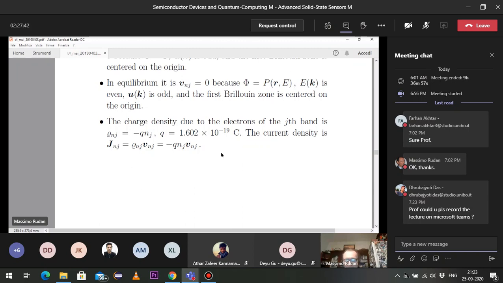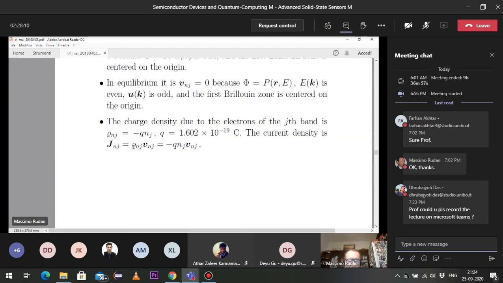And from the standard electric theory, you remember that the current density associated to a charge density is equal to the product of the charge density times the average velocity of this charge density.